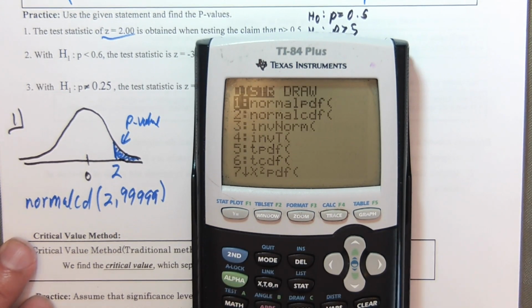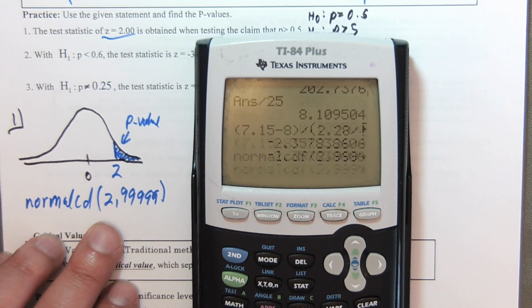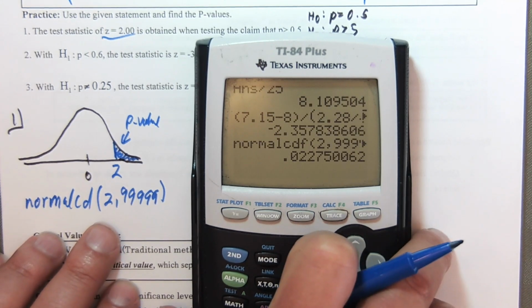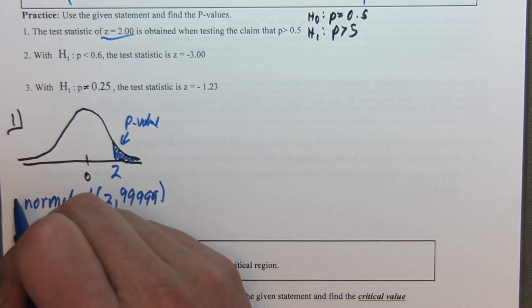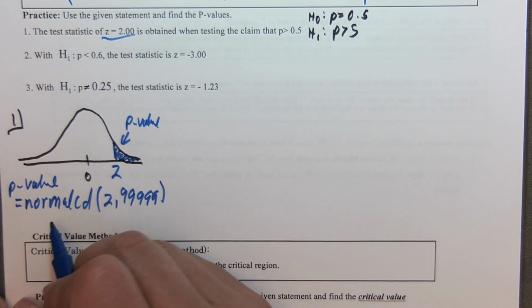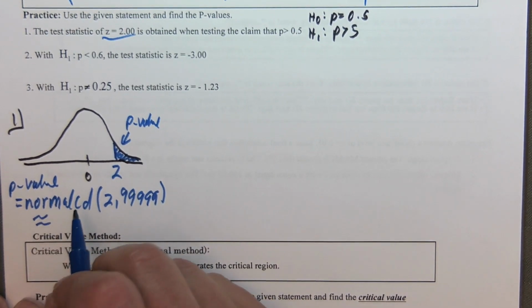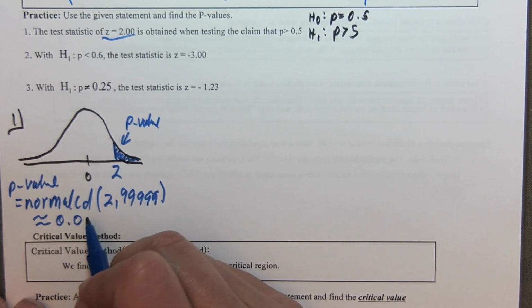Go to distributions, normal CD, and that's going to be 2, comma, and then a big number. And there it is. That is our p-value. It makes you practice it as well. 0.0228.